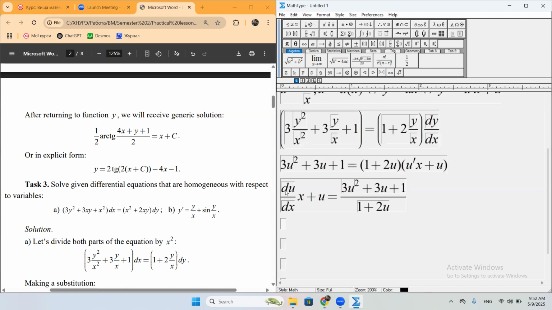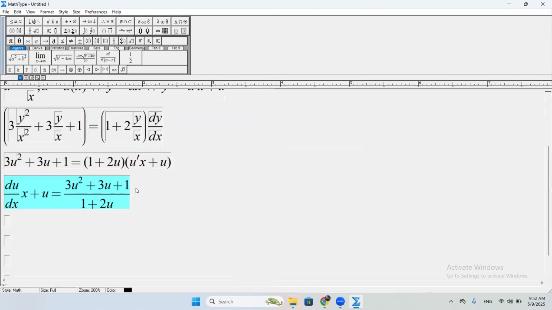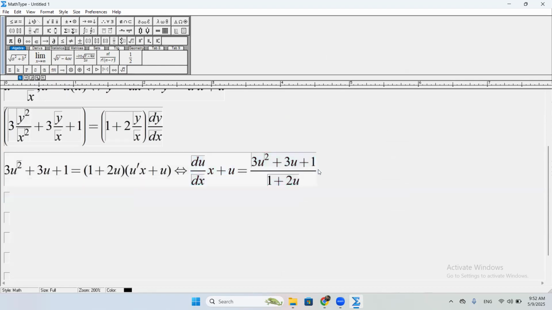So let's subtract u from both parts, and write down the solution in a more compact way for our convenience. Then du by dx multiplied by x equals this expression minus u and minus 2u squared.